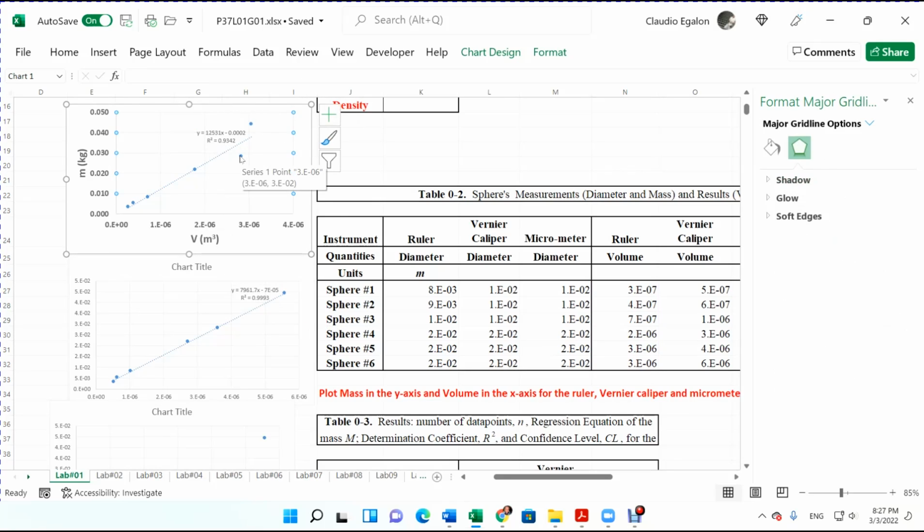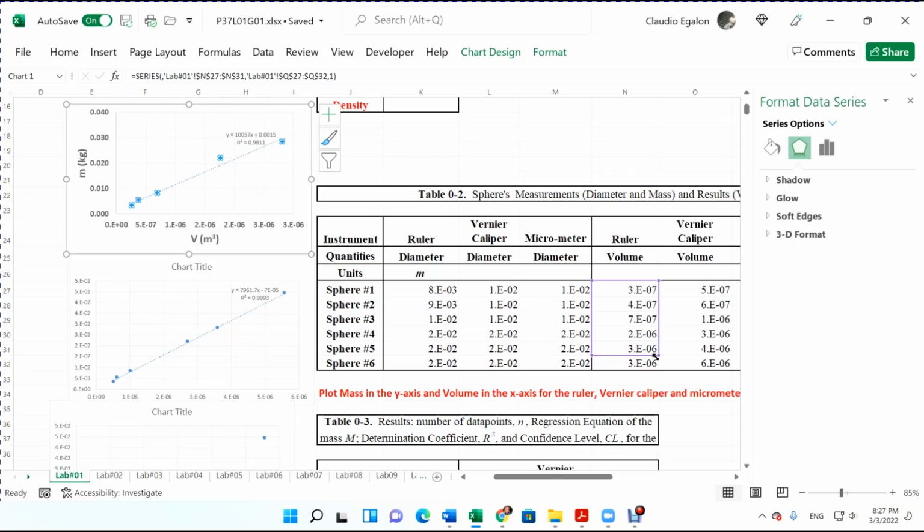If I eliminate it from my plot, I will be able to get a better slope. Closer, but not much closer. It's closer than the other ones, right? So it became 10,000 just because I eliminated this outlier here. It's still not good, because there's something wrong with one of those points. But anyway, folks, we're talking about a ruler.